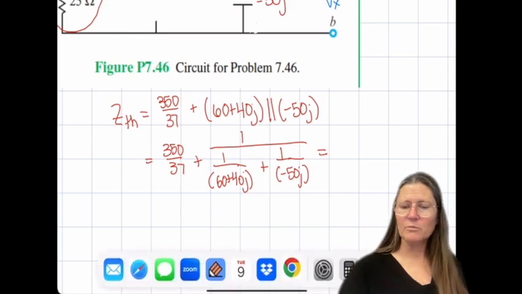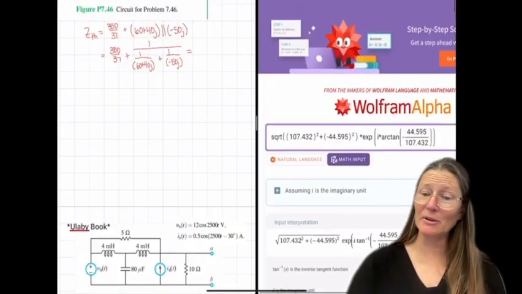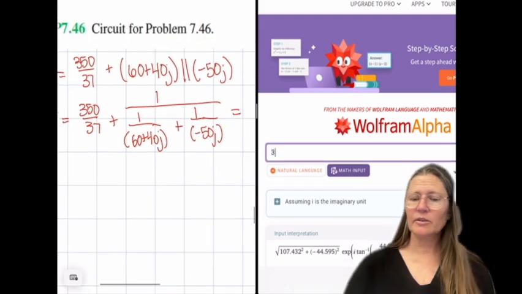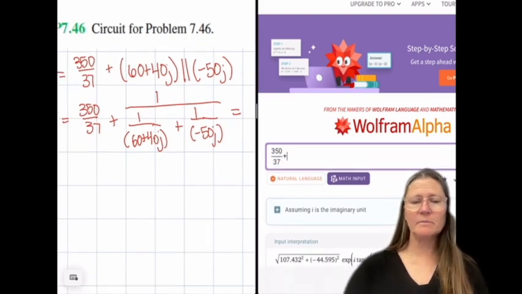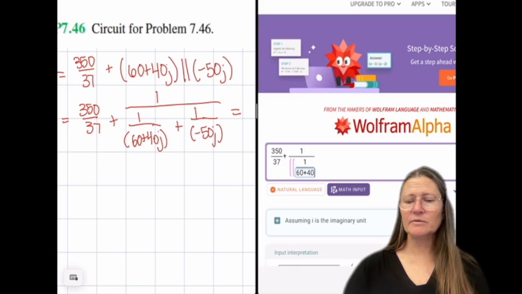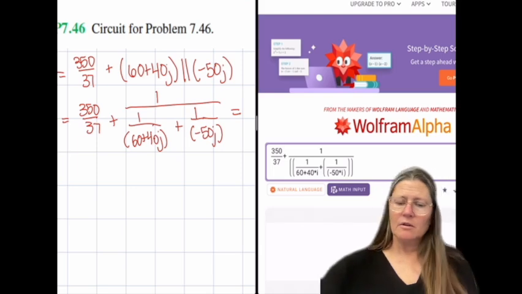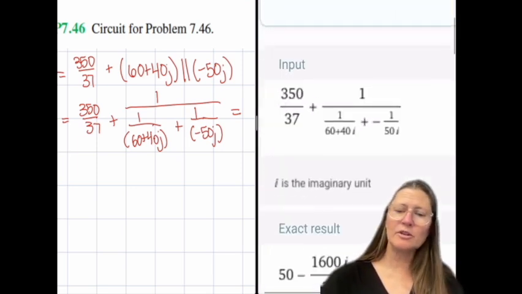So moving to, again, Wolfram Alpha, we have 350 over 37 plus 1 over 60 plus 40I, plus one over a minus 50 times I. And make sure it interprets it correctly.